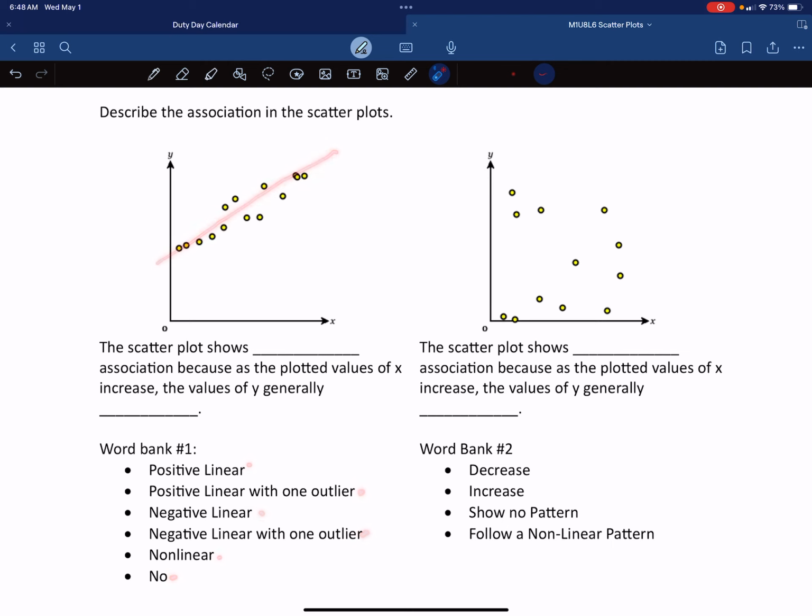This is going to be a positive, because it looks like our line is going in the positive direction. So we'd say positive linear association, because as the plotted values of x increase, as we go along the x-axis, my y values are increasing, right? So we talk about increasing.